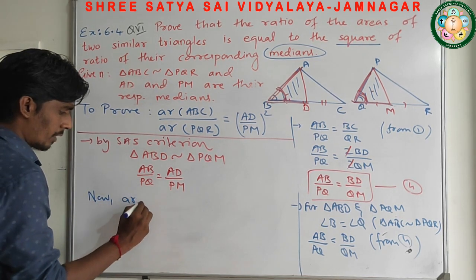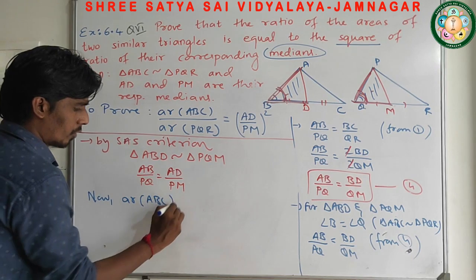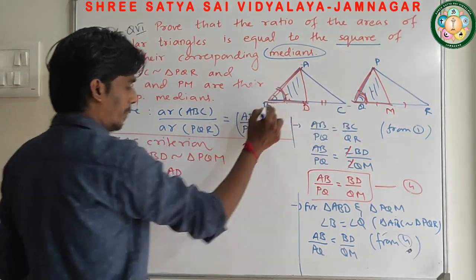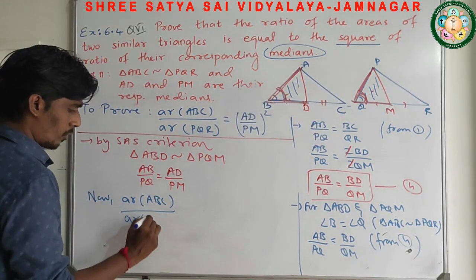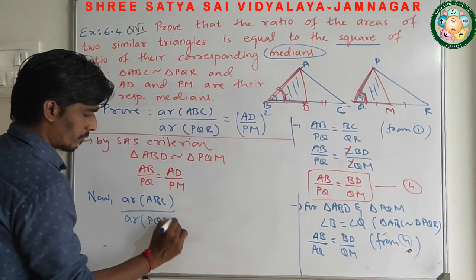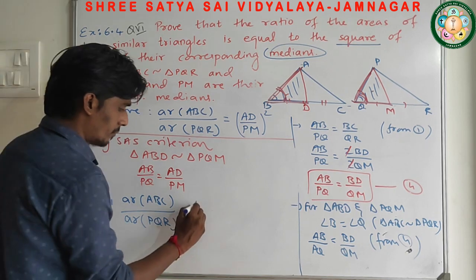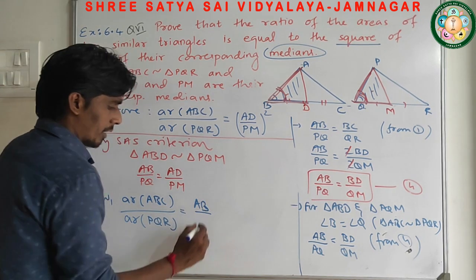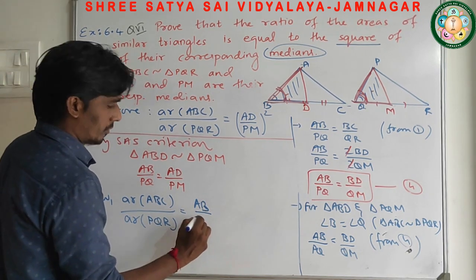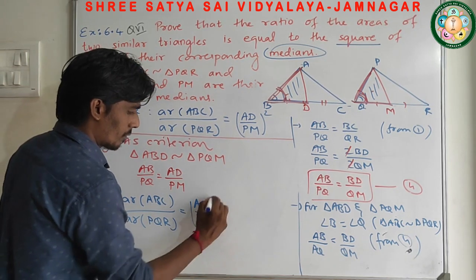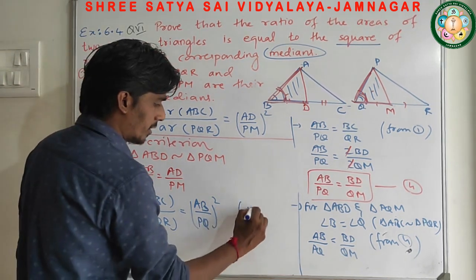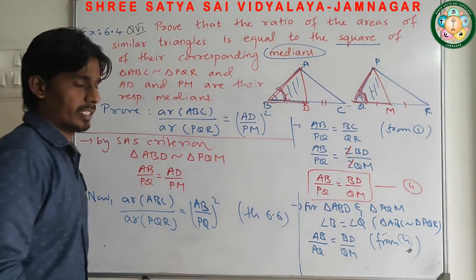Now area of triangle, original area, whole triangle ABC, whole triangle PQR. From theorem 6.6, I can say that AB square upon PQ square, and reason is what? Theorem 6.6.